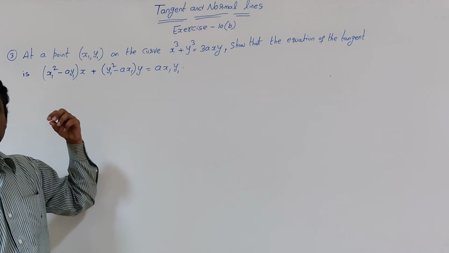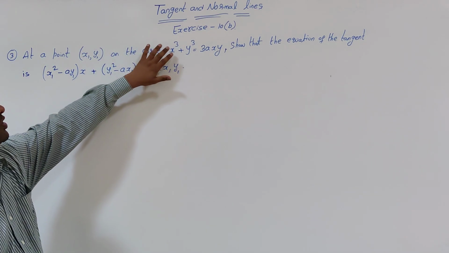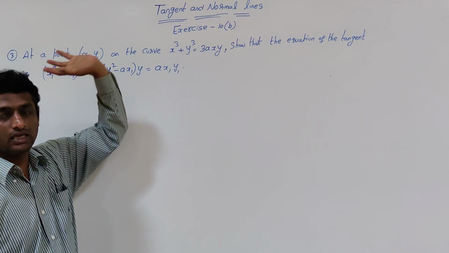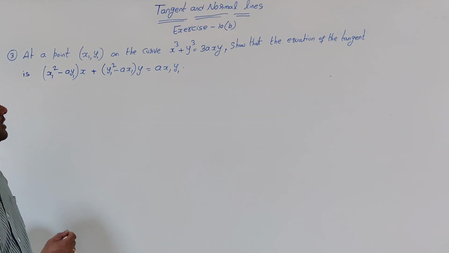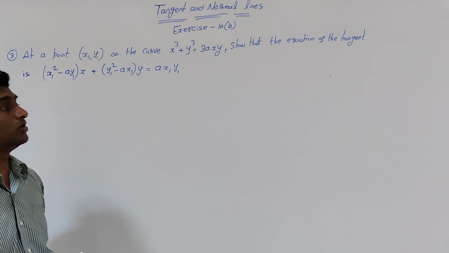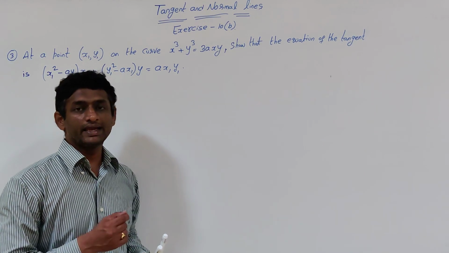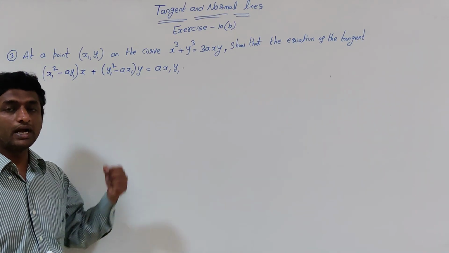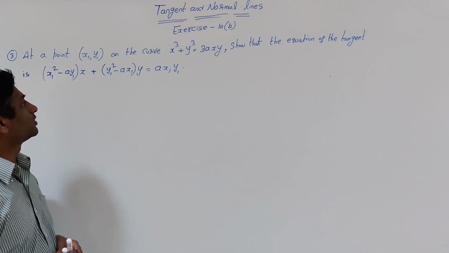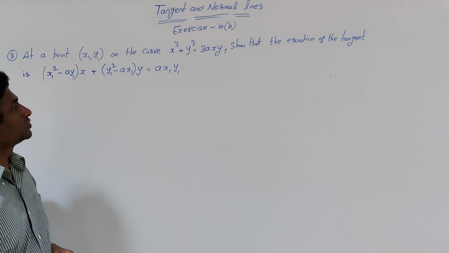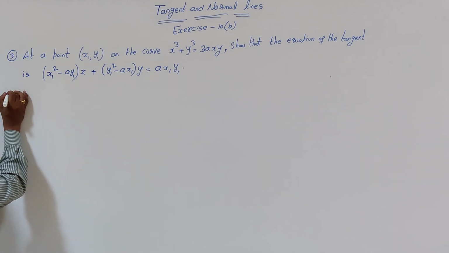So x1, y1 is a point on the curve, which means this point will satisfy the given curve. That is, if you substitute x1, y1, it will be x1 cube plus y1 cube is equal to 3ax1 y1. We have to find the slope at x1, y1 and then the equation, and we have to show this result. So we will see the solution.